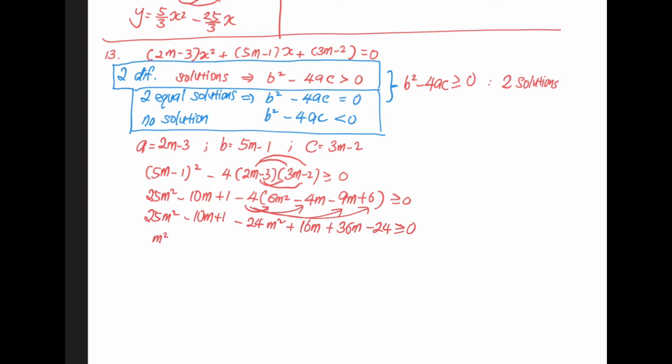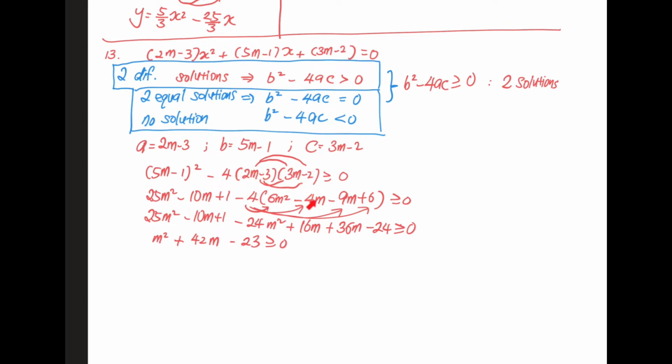Then I simplify it, I get m squared plus 42m minus 23 more than or equal to 0. So we get something like this. Let me double check first.